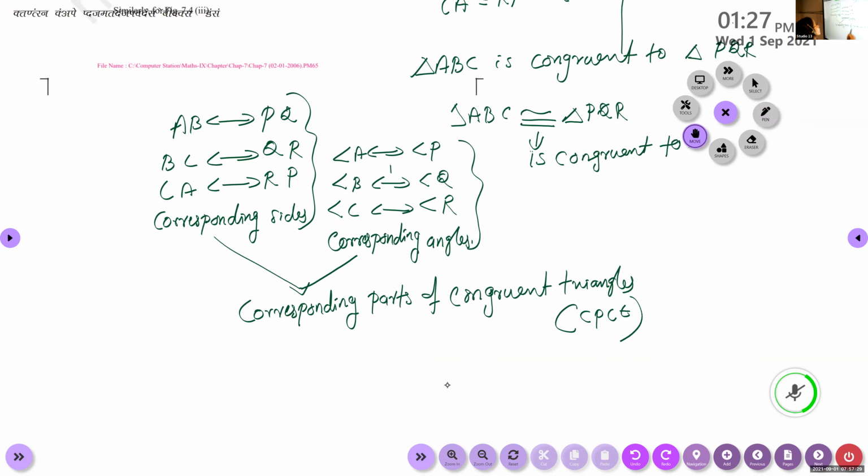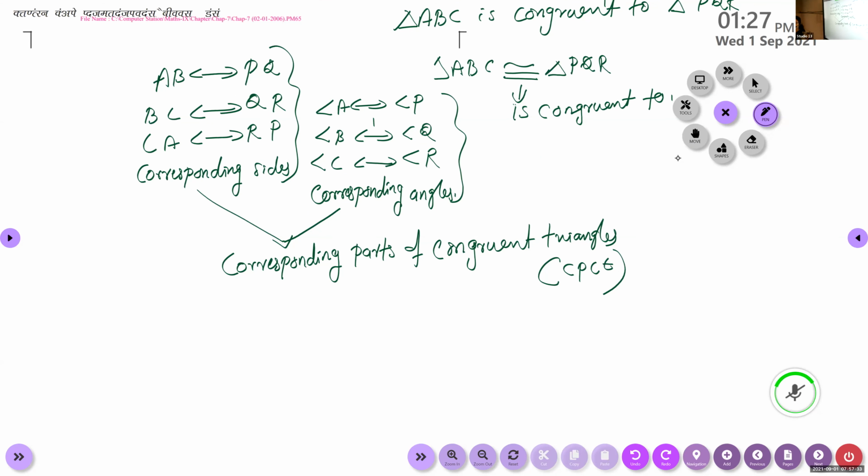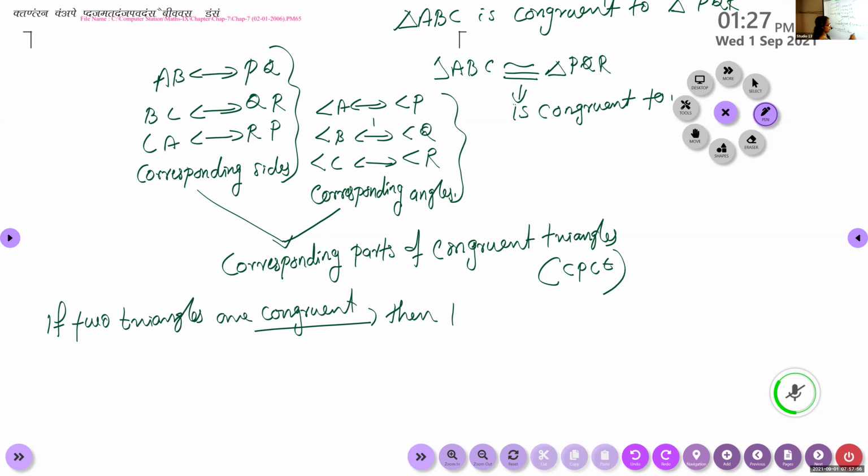If two triangles are congruent, then we can say that their corresponding parts are equal. If two triangles are congruent, then their corresponding parts are equal.